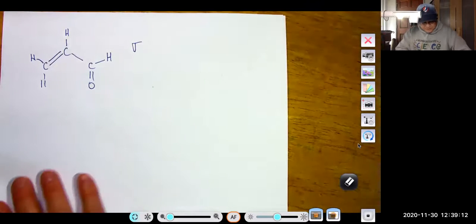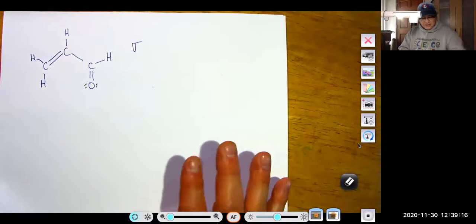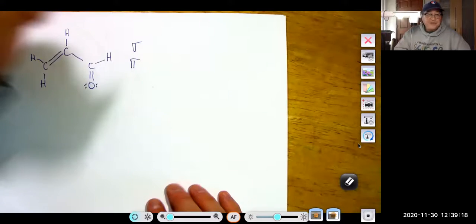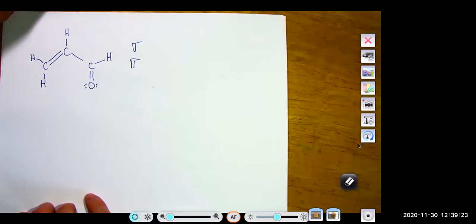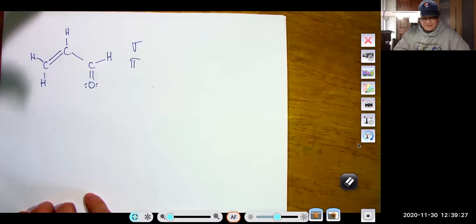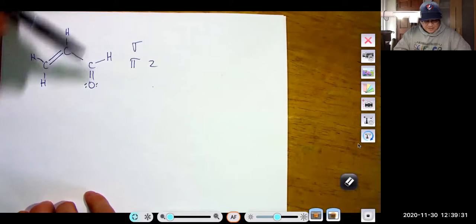So this is the complete drawing with all the electrons. I'm going to give you the easy one first. How many pi bonds? 2. 2 is correct. Do you agree, Jackie? Yeah. Okay. Now, Jackie, I'm going to let you have the first call. How many sigma bonds?